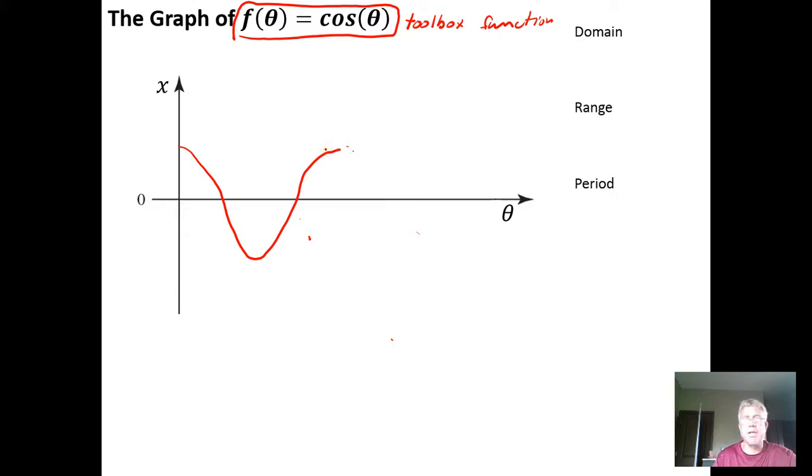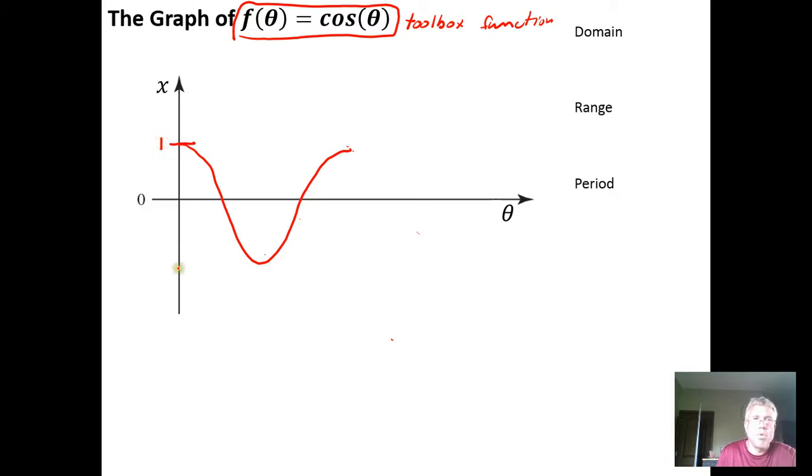This is going to happen every time, and you just do this a few times till you get kind of good at drawing it. I'm a terrible artist, so I can never get it super nice. But the idea is, it starts high, goes to its low point, it has to come back to where it started. And then once you've drawn what the graph has to look like, then put your tick marks in.